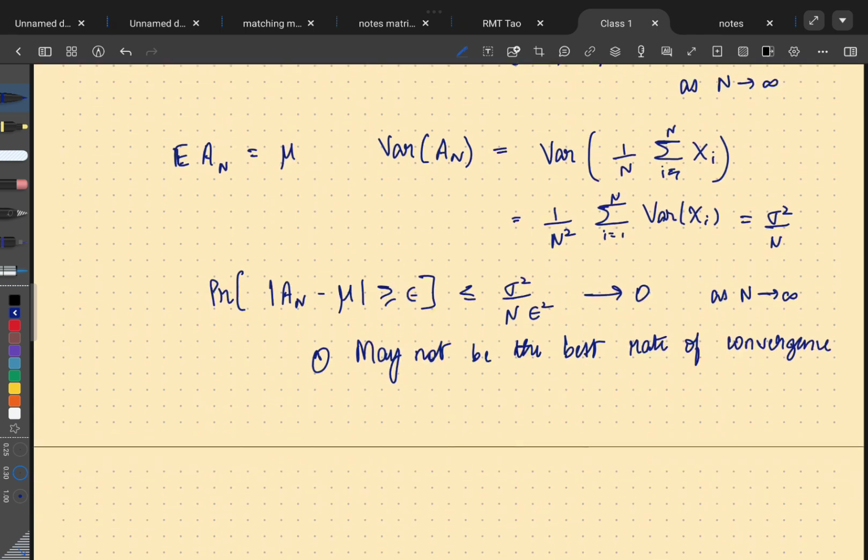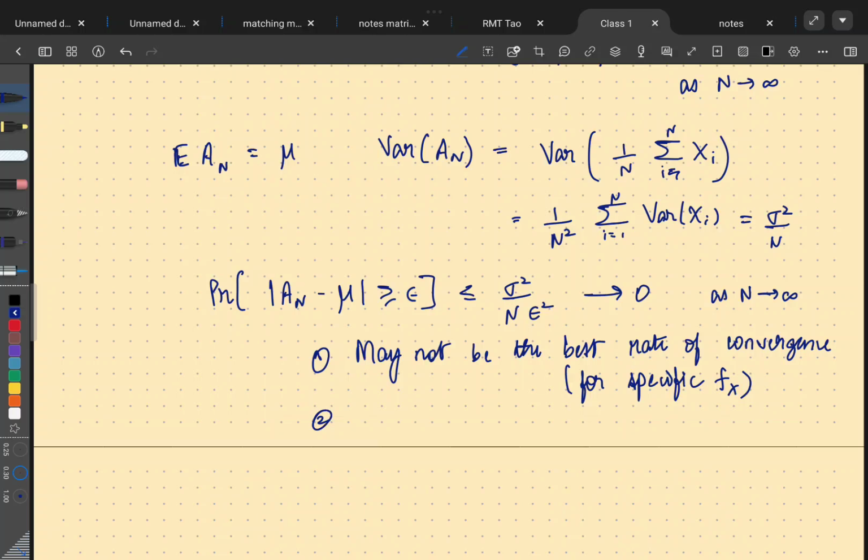And that's because we didn't make any other assumptions on the distribution. It's anything with a finite mean and variance.